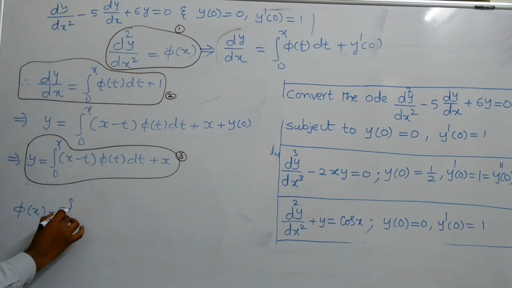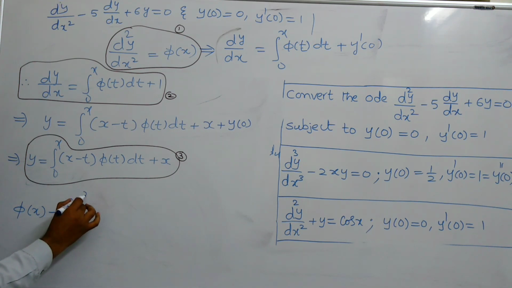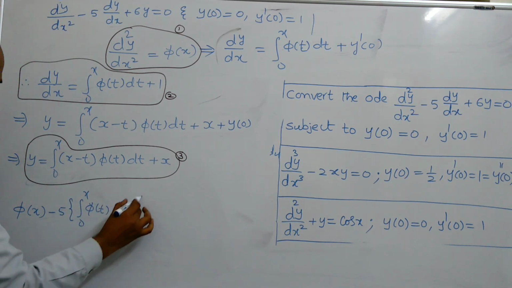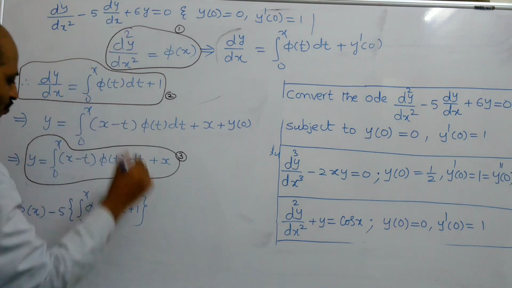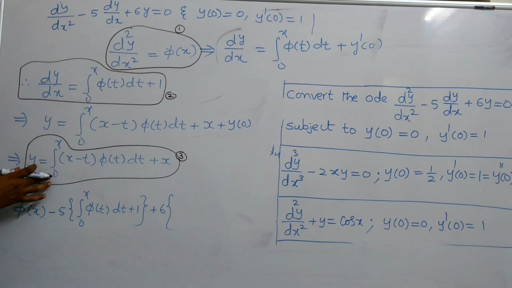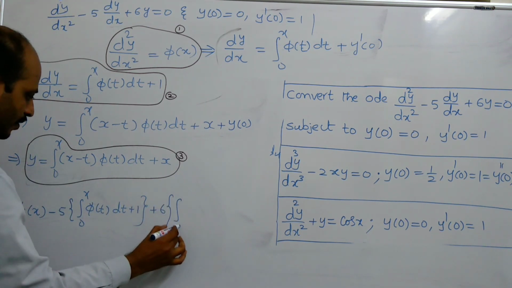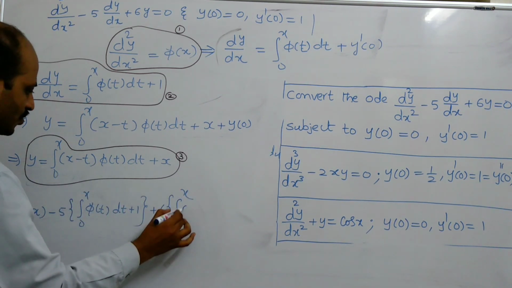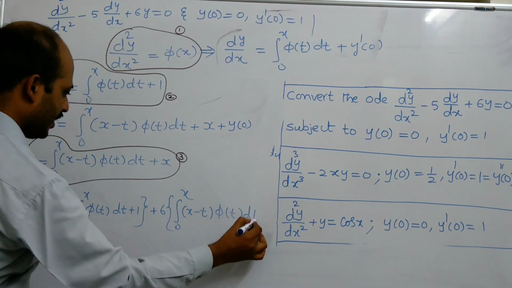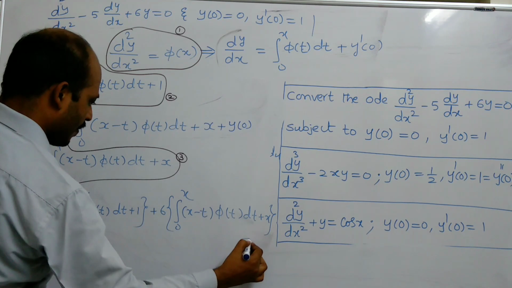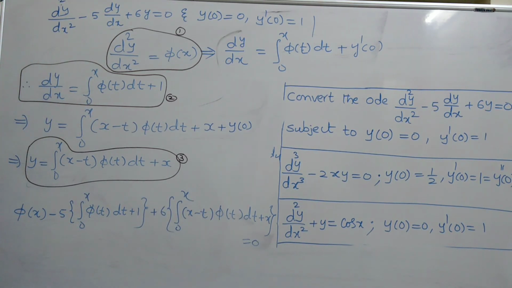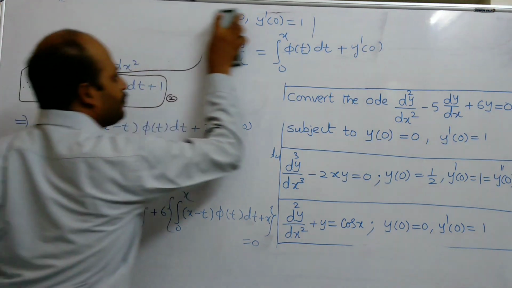Equation number 2: integral 0 to x phi of t dt plus 1, plus 6y. 6 into what is y? Equation 3: integral 0 to x of x minus t phi of t dt plus x. Whole equation is equal to 0. You have to simplify this complete equation.